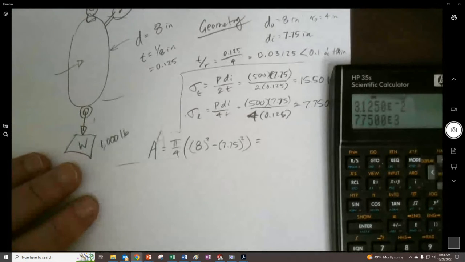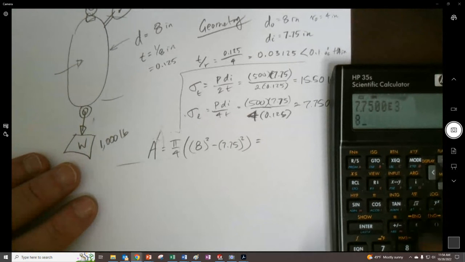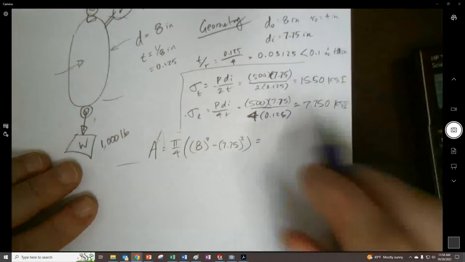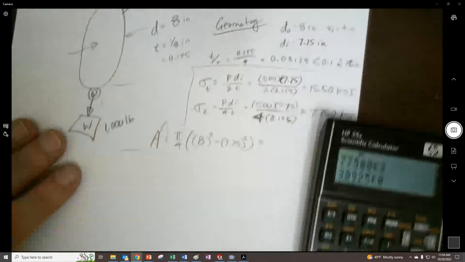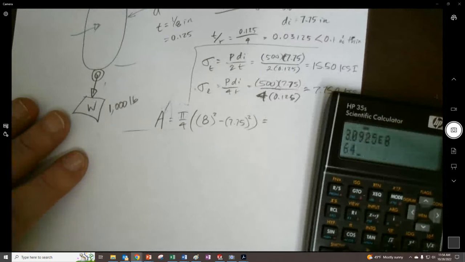I forgot for a minute. So 8, I should be able to do that in my head. 64, dummy. But the 7.75, yeah, we need to square that one. Okay, minus. That doesn't seem right, but it's okay. Let me try to keep going. Boom, times 4, divide. And that seems like a lot. Let me try it again. 64, 7.75 squared minus. All right, got the same thing.